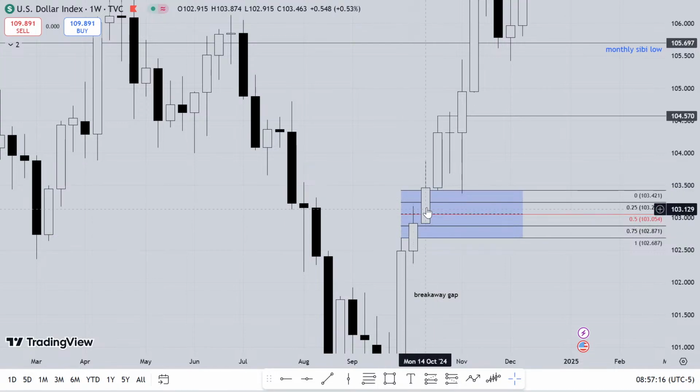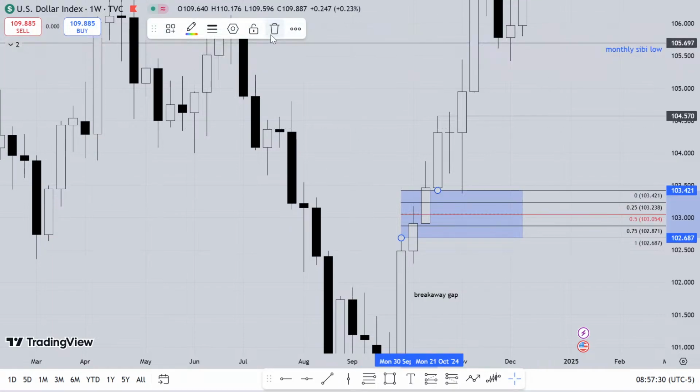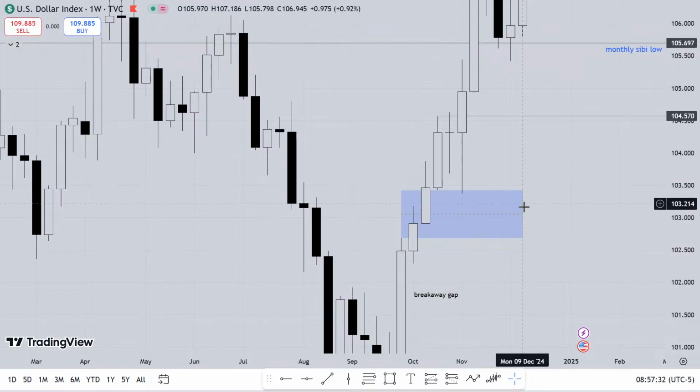From this candle's high to this candle's low, these are one consecutive imbalance. The algorithm sees this as one consecutive imbalance. So let's take this off and continue reading price.